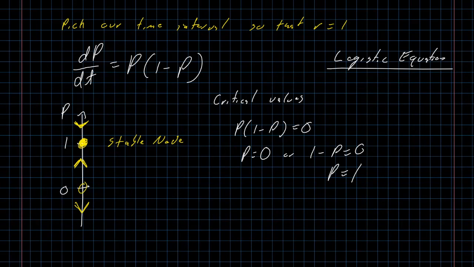0, on the other hand, is an unstable node. If there are no rabbits, there will continue to be no rabbits. Rabbits don't spontaneously exist. But if you introduce a pregnant female rabbit and you allow it to thrive, it will be fruitful and multiply, and eventually the population will grow.